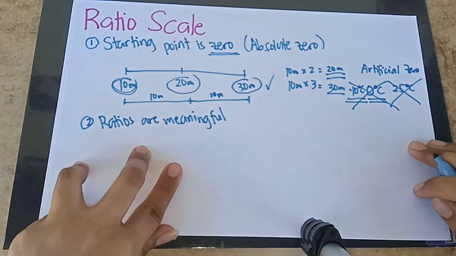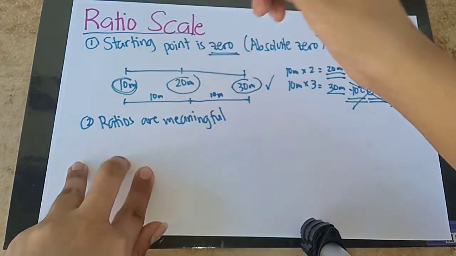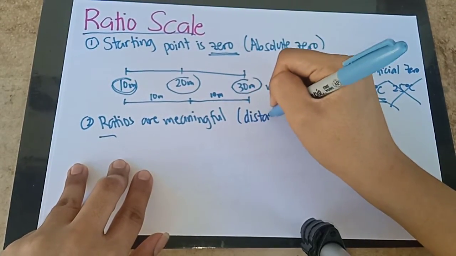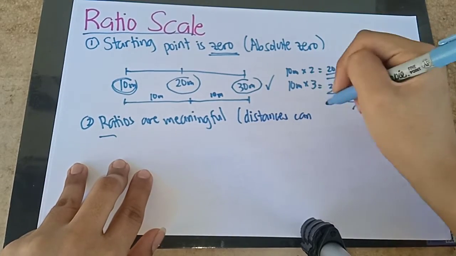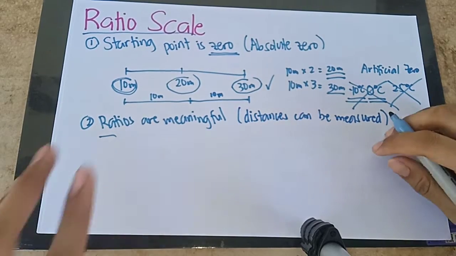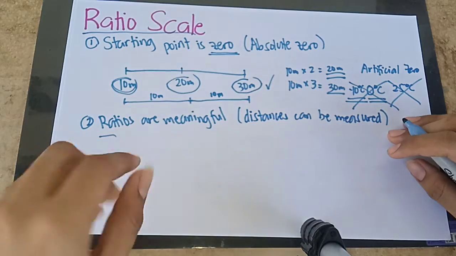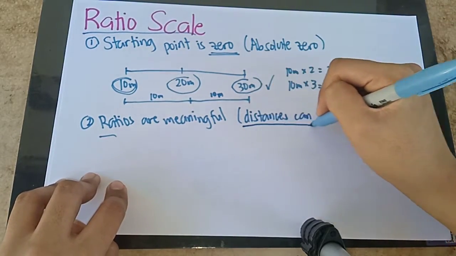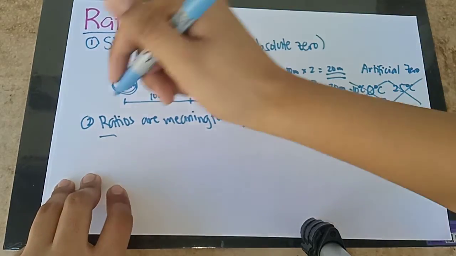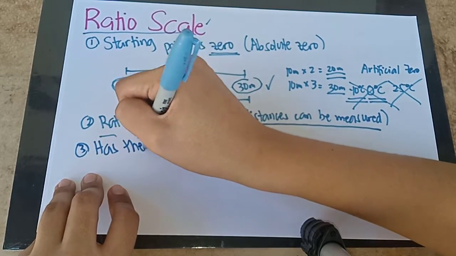So in the interval scale, ratios are meaningless. However, in the ratio scale, ratios are meaningful because distances can be measured. That is the main essence of the ratio scale. Now, if the differences can be measured in the ratio scale, meaning to say, the ratio scale has the property of the interval scale.